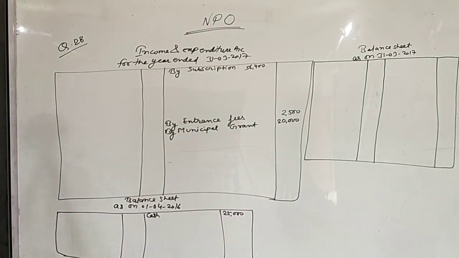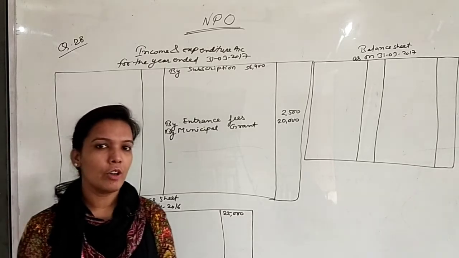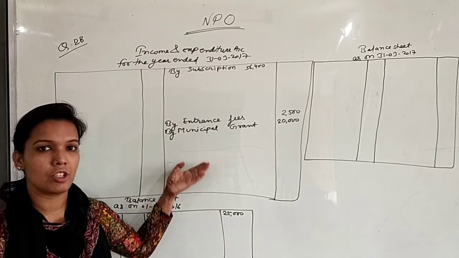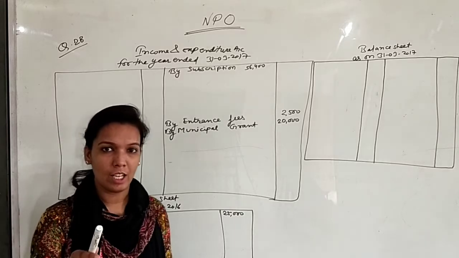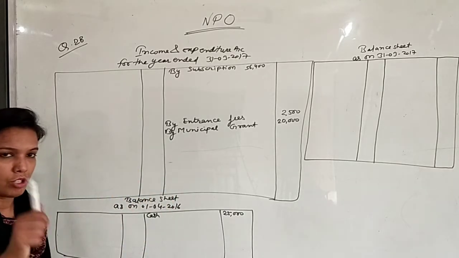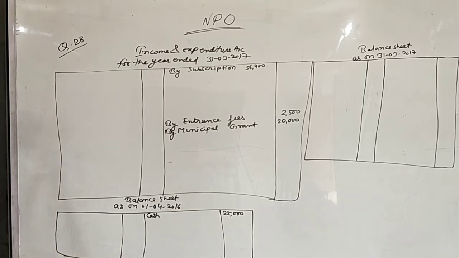Sale of old furniture. Try to remember this point. Whenever you sell any asset or purchase any asset, that will not be mentioned in income and expenditure account. But if you are getting any loss or profit, that will be mentioned in income and expenditure account. So check in this question whether you are getting profit or loss on this sale. Actually the book value of the furniture was 8,000 and you are selling the same furniture for 11,400.